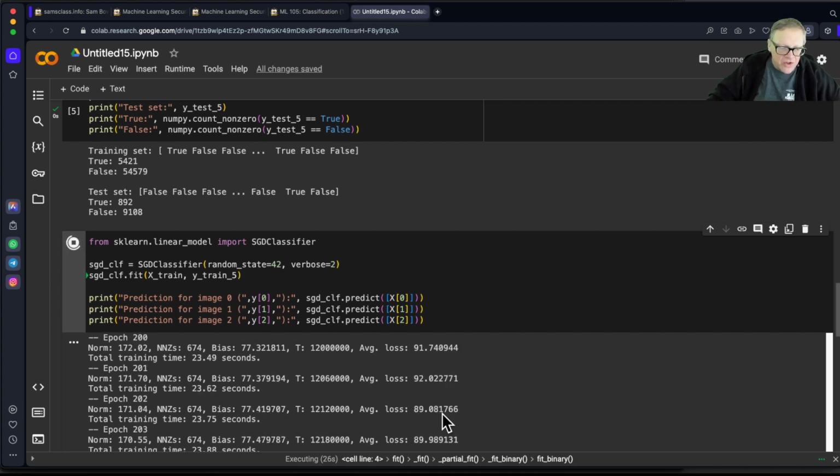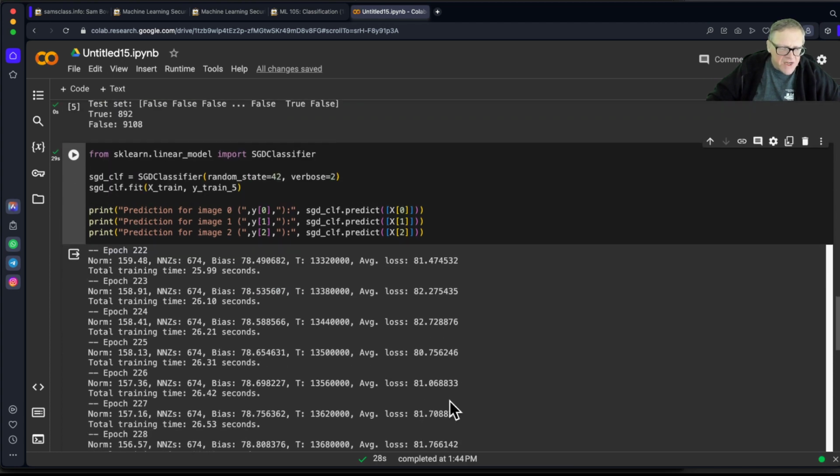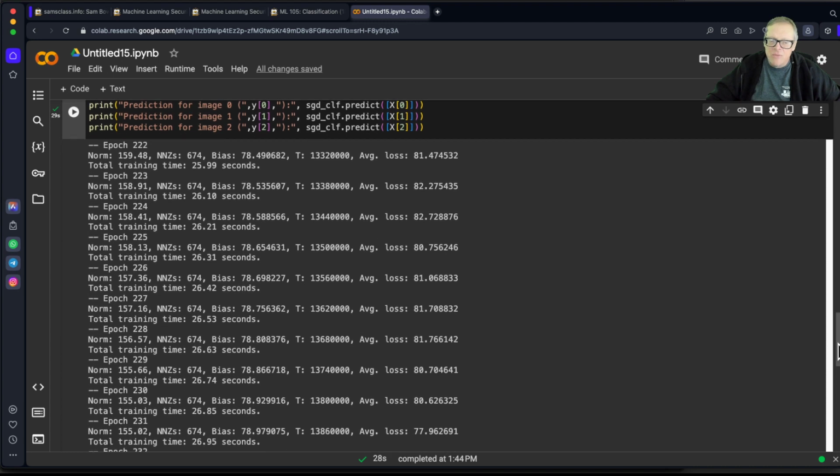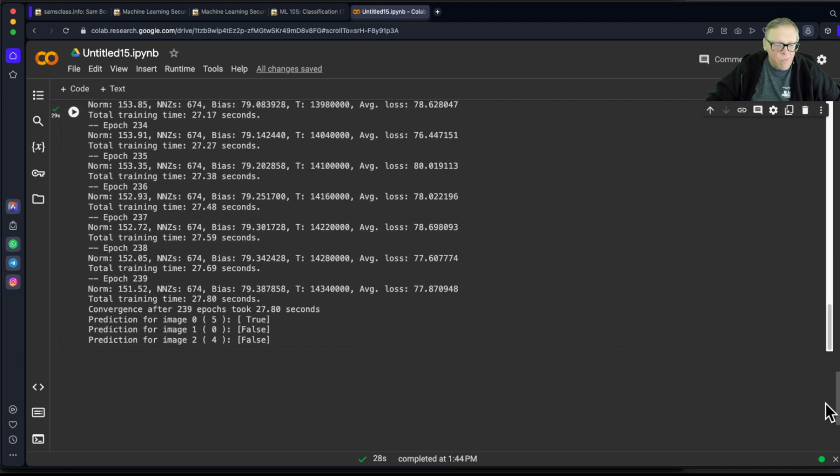And see, the loss is still going down, and now the loss is still going down, and now the loss went up from 81.70 to 81.76. So as soon as it starts going up, then you quit. You say, well, I appear to have hit the bottom. And this loss is just some kind of measure of how many of them were right and how many of them are wrong. So it converged, that's what they call it, after 30 seconds and 239 epochs.